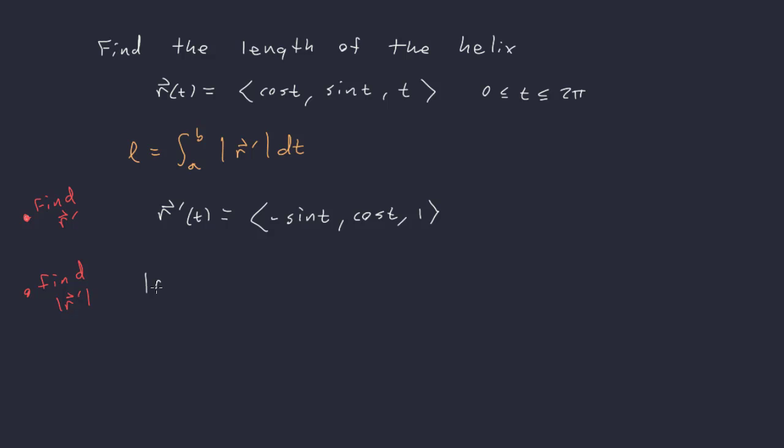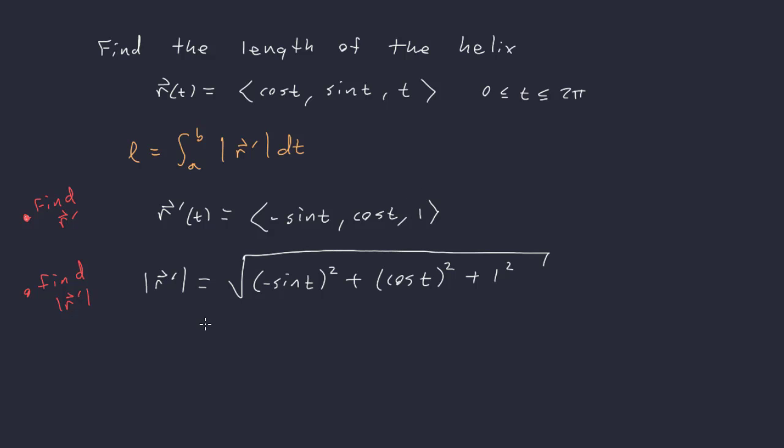The magnitude of the derivative will be the square root of the first component squared, so sine t all squared, plus the y component squared, plus the z component squared. So this is going to be sine squared t plus cosine squared t plus 1.